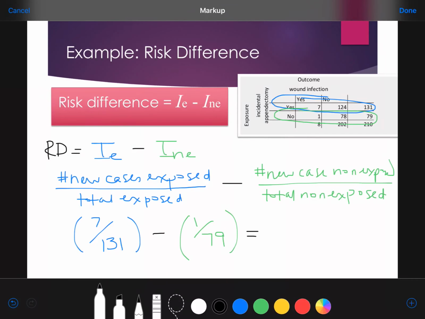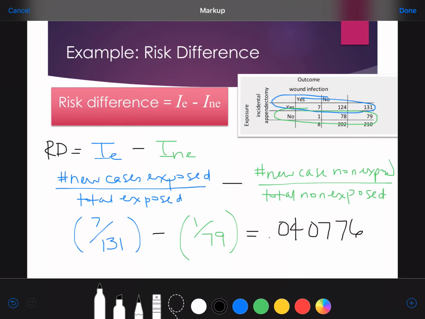When you do this math, one of the things you'll quickly see is that the number comes out to be really, really small. You would end up with 0.040776, and that doesn't really make much sense to people.